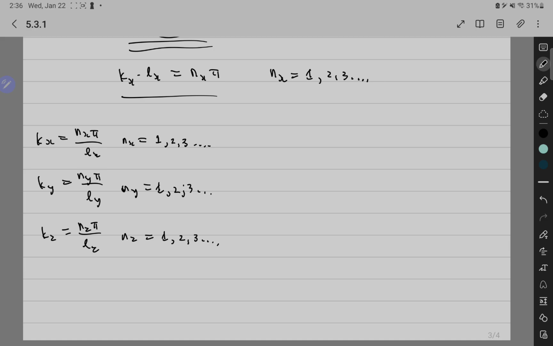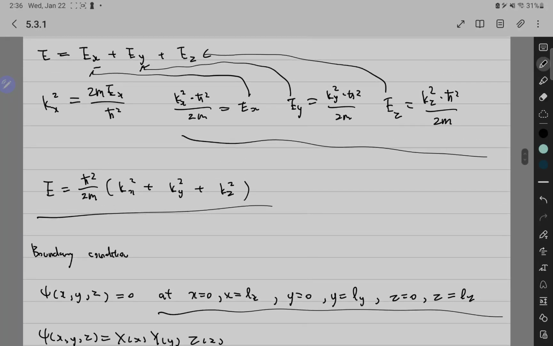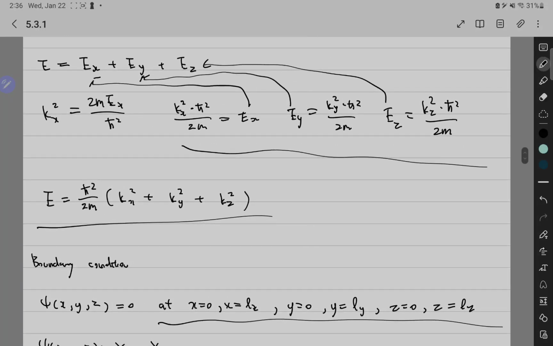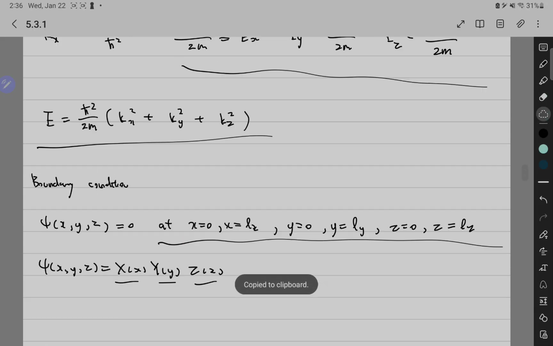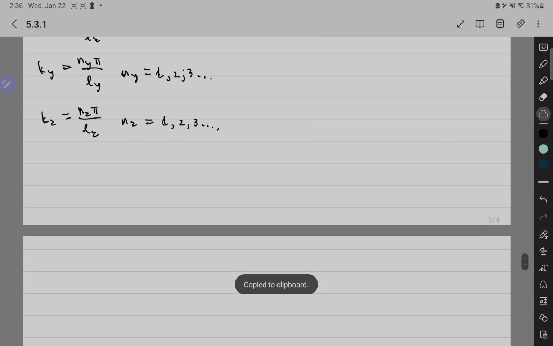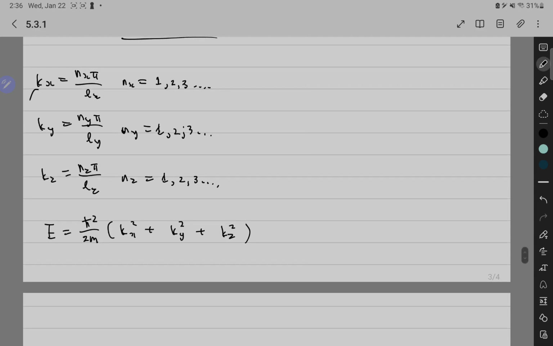So what are we going to do next? Well, if we recall, if we go back to our energy, at one point we did this, right? We look at this term, so let's copy it and paste it here. We can simply plug in our found kx, ky, and kz.